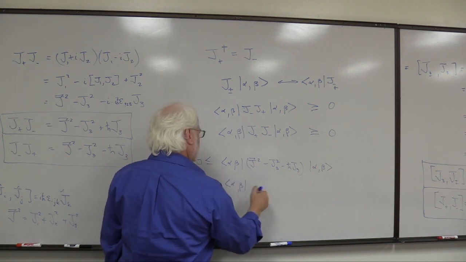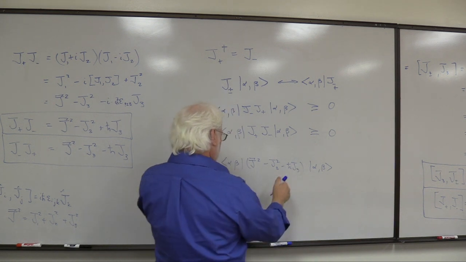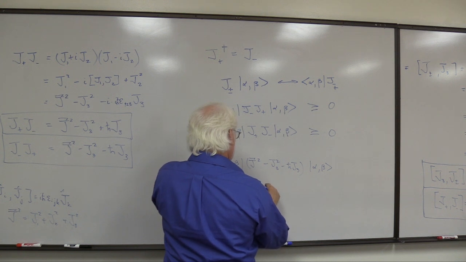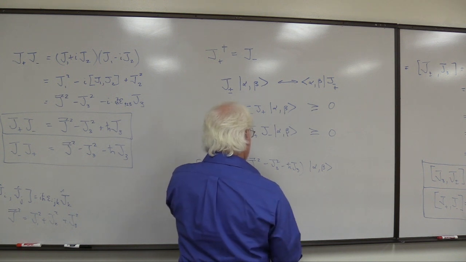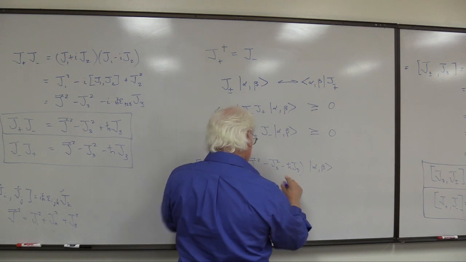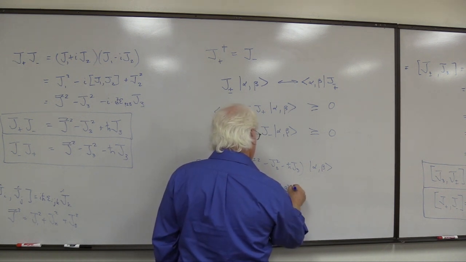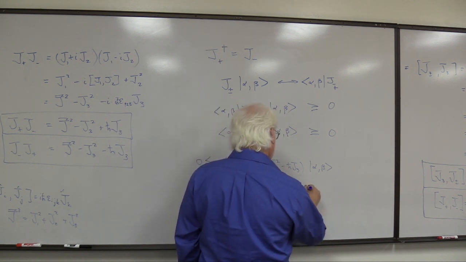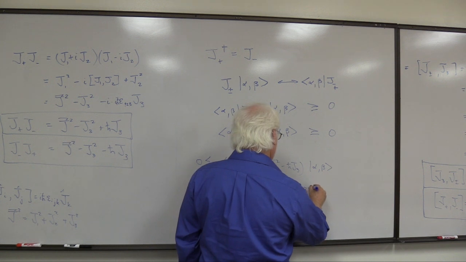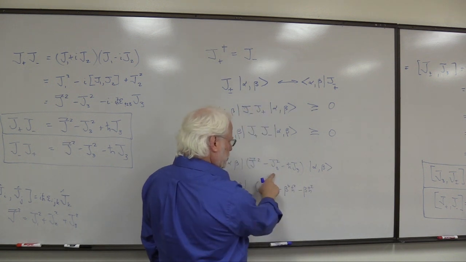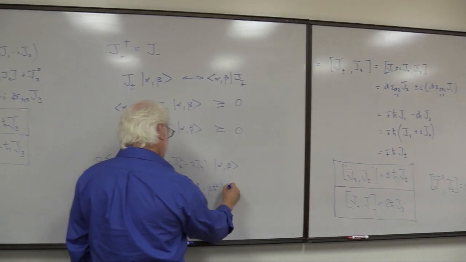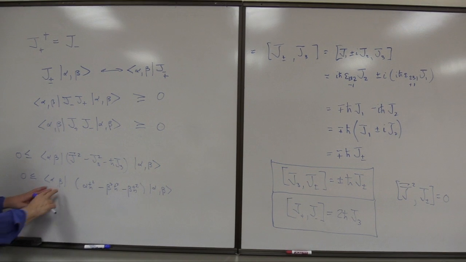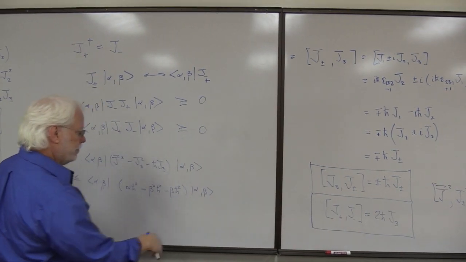These are eigenstates, so we're just going to pull out some number. J squared gives us alpha H bar squared. J3 squared gives us beta squared H bar squared. And J3 gives us beta and another H bar. Then we're back to alpha, beta.